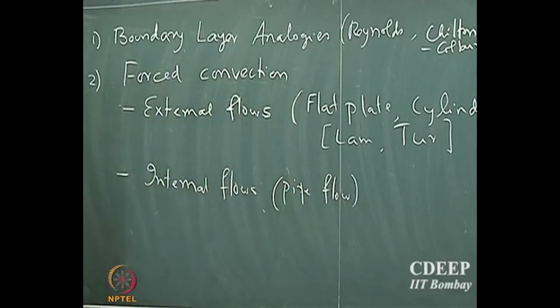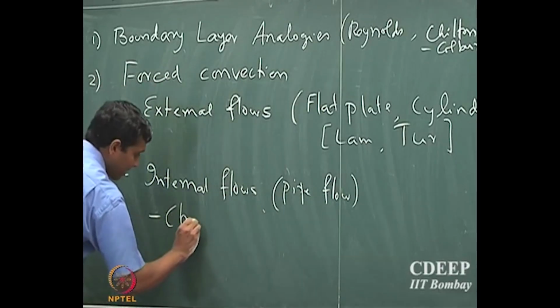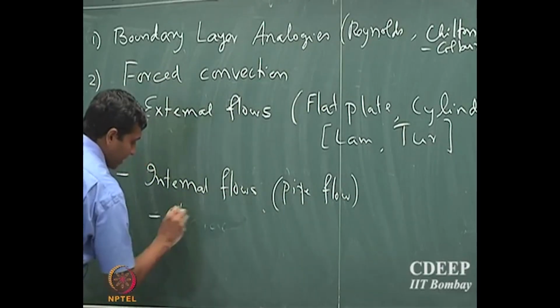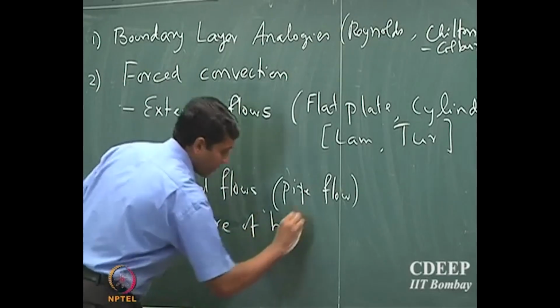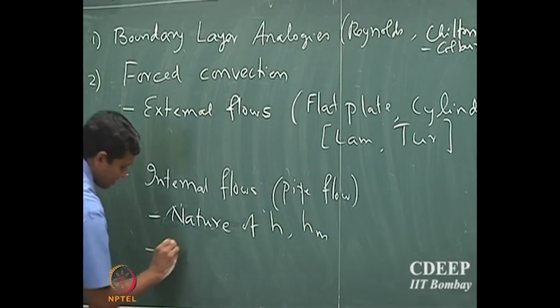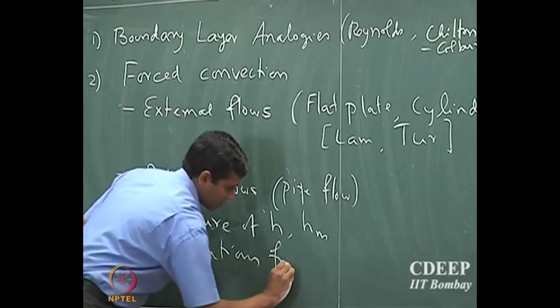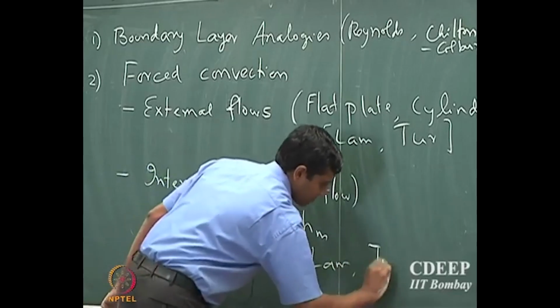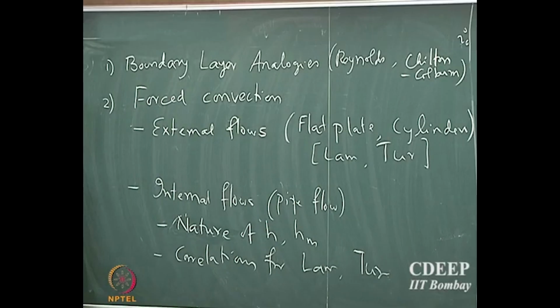We looked at pipe flow and we found the characteristics, or I should say the nature of the heat transport coefficient, the nature of h and h_m, and then we looked at correlations for laminar and turbulent flow. Okay. So, that is all we have covered. So, next what we are going to move on to is the next topic, which is free convection or natural convection.